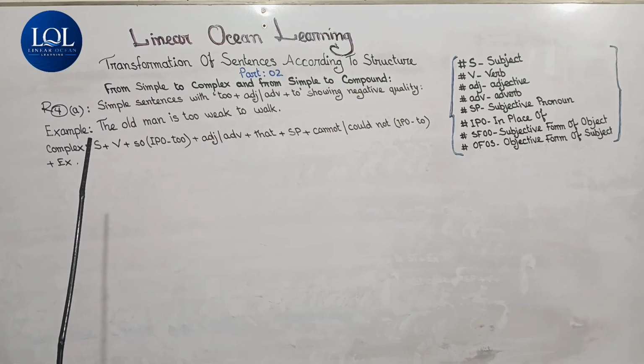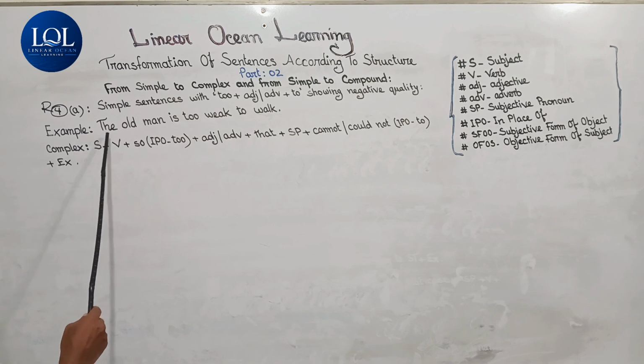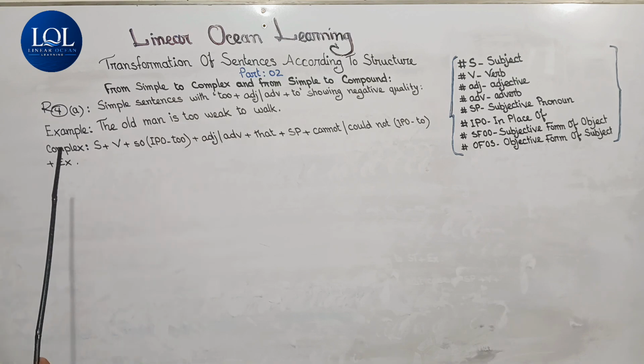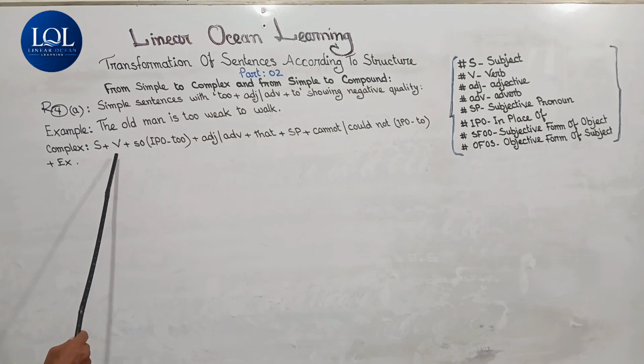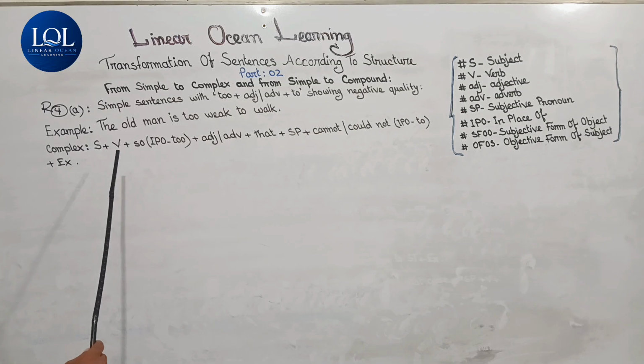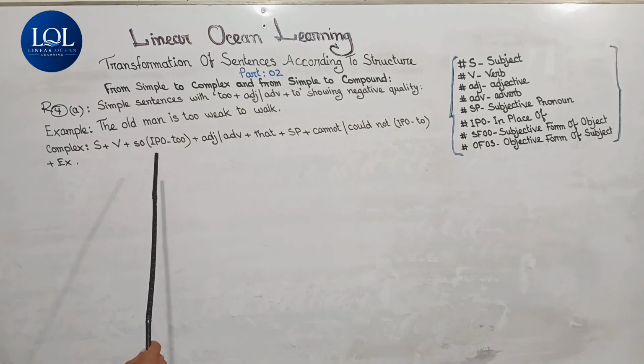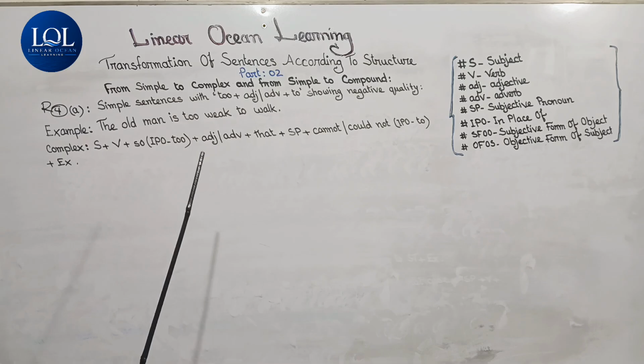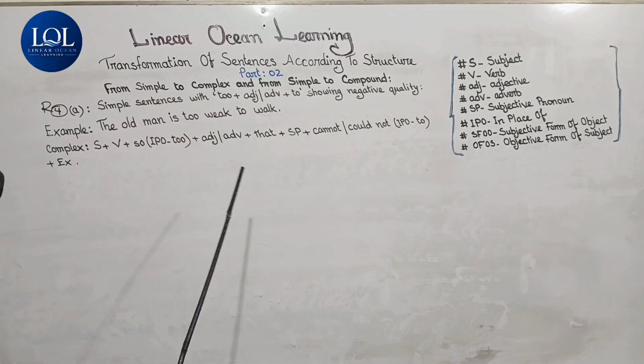If we want to transform the exemplified sentence into complex, we have to follow a structure. In my structure, I have used many abbreviations and I need to clarify them before going for the structure.